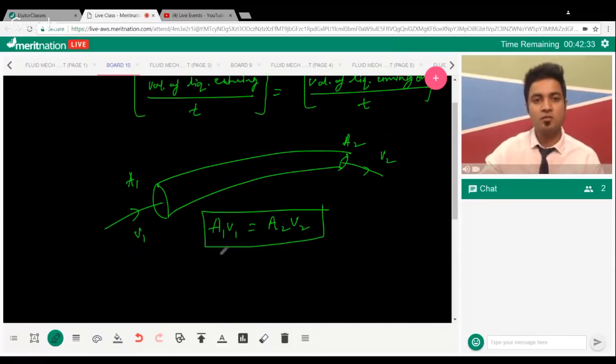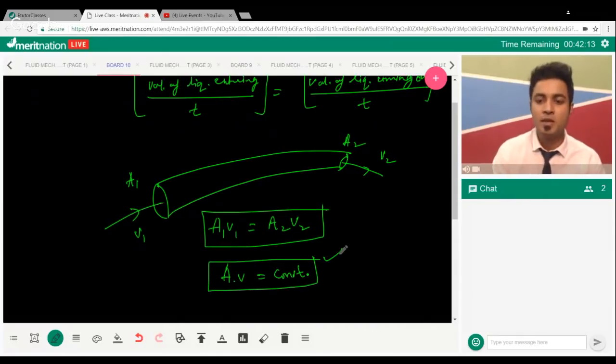This is the relation that we are going to use in the numericals, and it says that the volume of water or any liquid entering or coming out per second has to be constant, that is, the product of area and velocity has to be constant. This is what we learned from the equation of continuity.